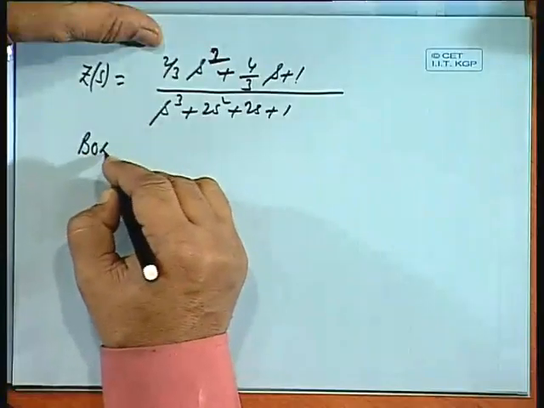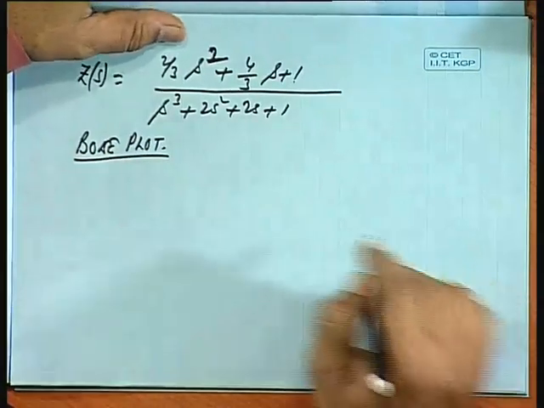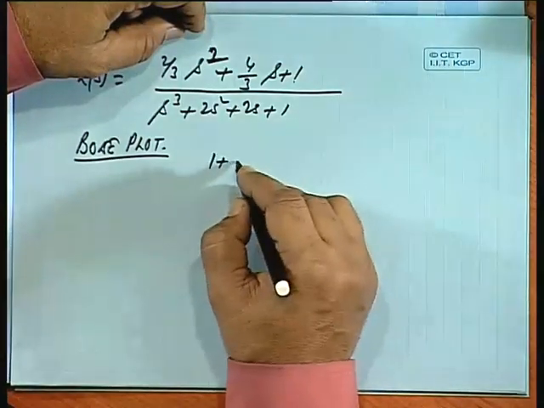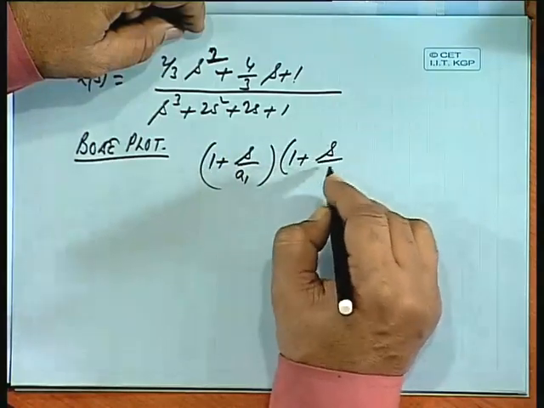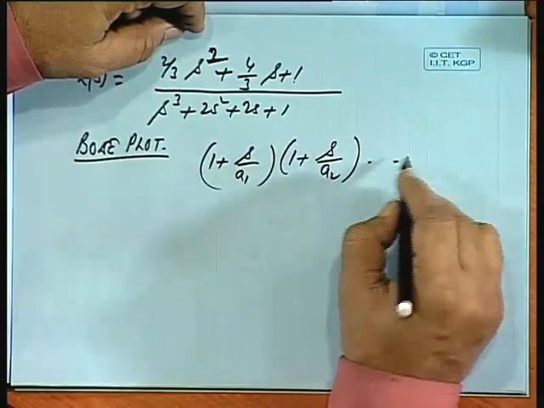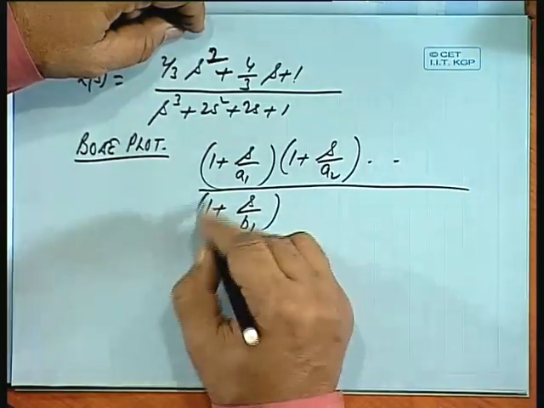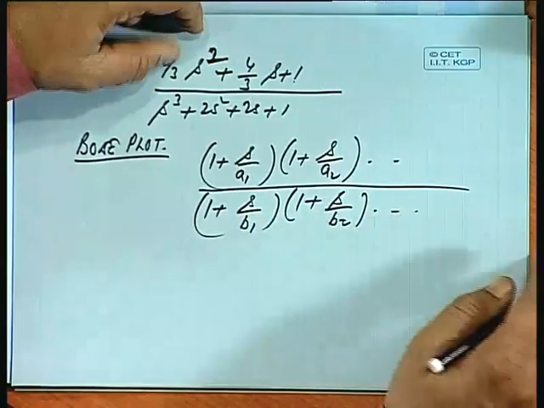We have also seen in frequency plots, say when you are given the Bode plot of a system, suppose a network function is given in this form, 1 plus S by A1 into 1 plus S by A2 and so on, divided by 1 plus S by B1 into 1 plus S by B2 and so on.